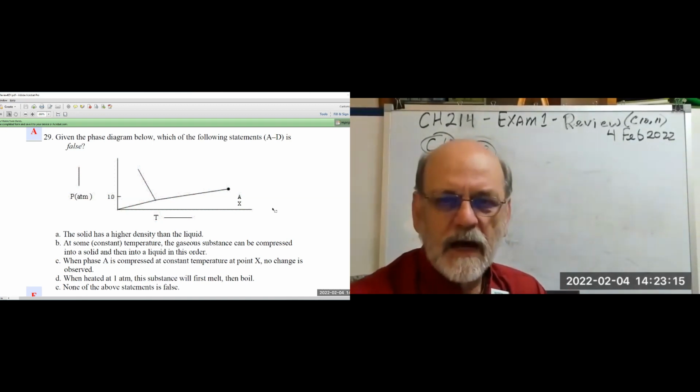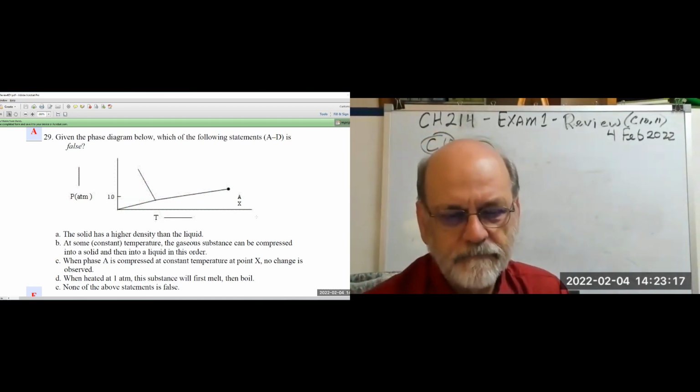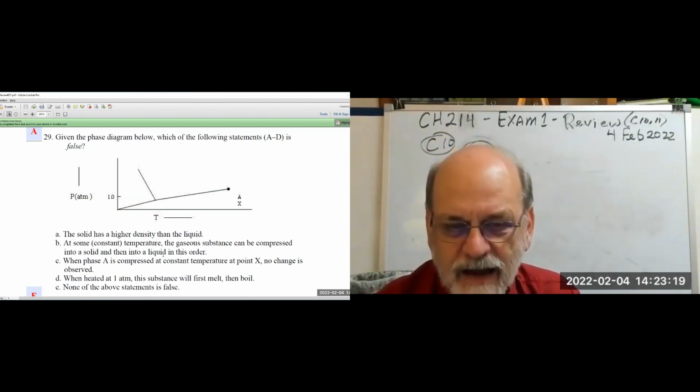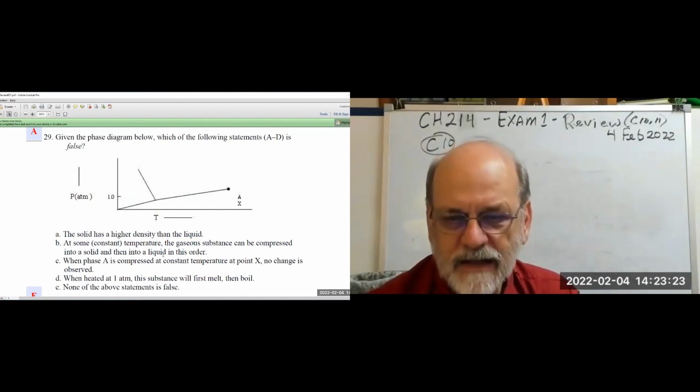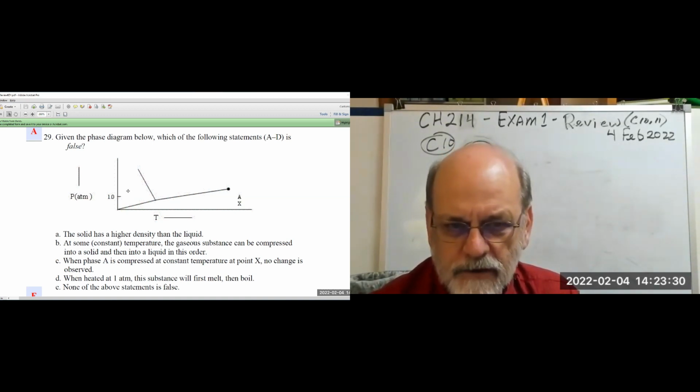Okay, which is false. The solid has a higher density than the liquid. Solid. Okay, here's the solid, and there's the liquid.